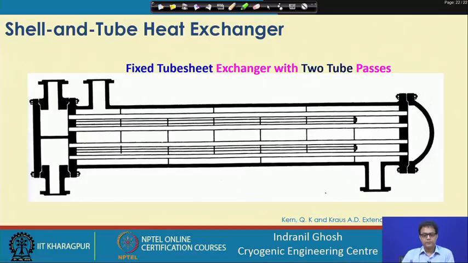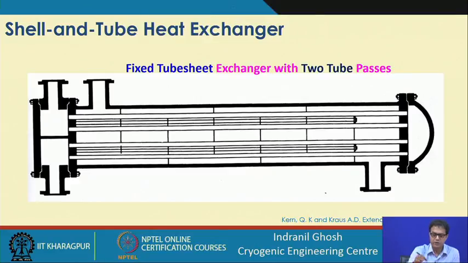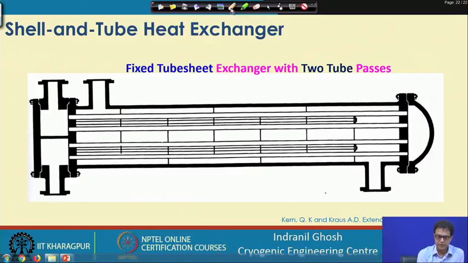For example, there are different types of shell and tube heat exchangers, as we have told, and we will only show some of them in this lecture. Here you can see this is the shell side fluid.